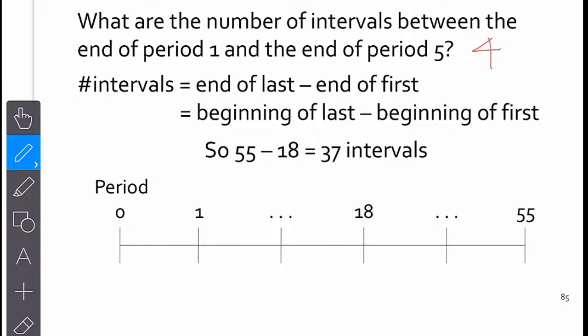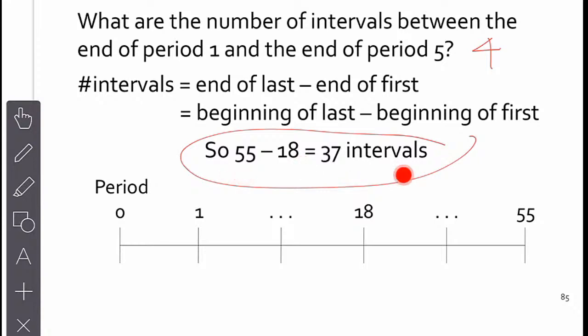So in our case, it's 37 because you take the 55 minus the 18. That subtraction is calculating intervals between. If you want to know how many payments there were between 18 and 55 inclusive, that's different.